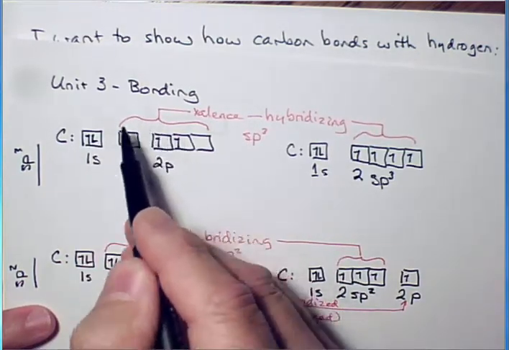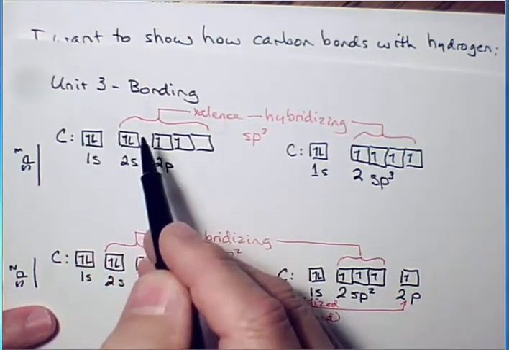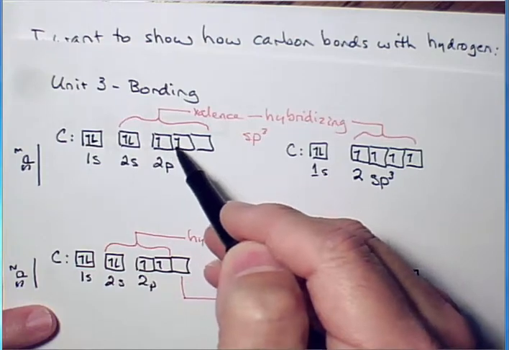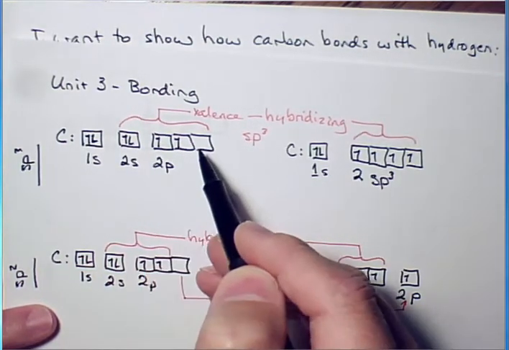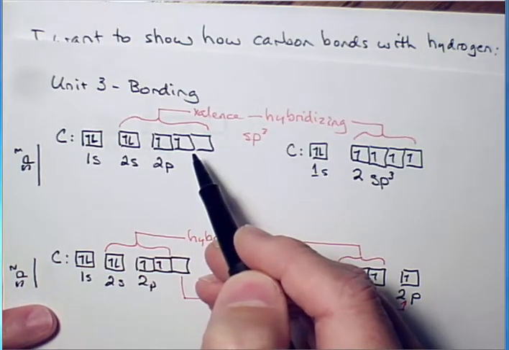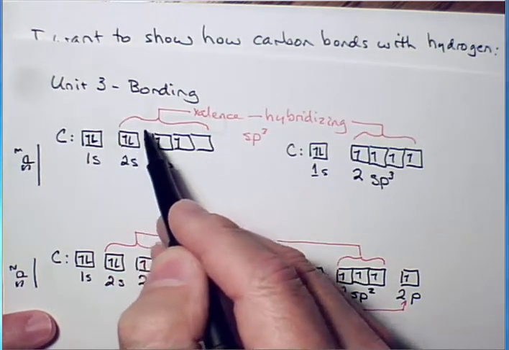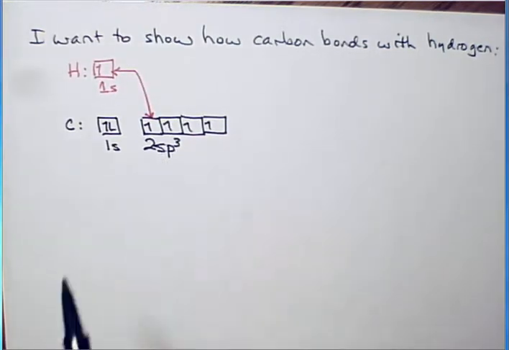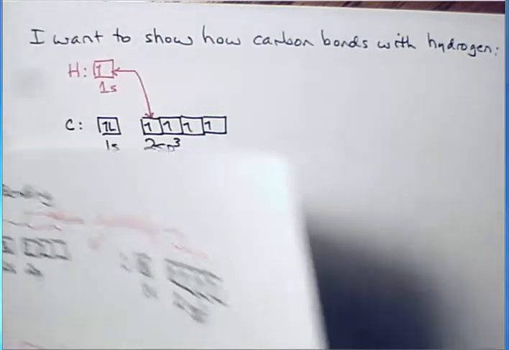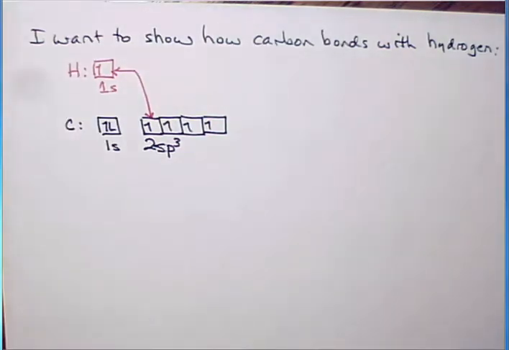Well, carbon in its original ground state orbital notation only has 2 of those electrons in the correct arrangement. In order to have 4 electrons share in an orbital, we have to arrange these electrons in a different way, and that's in fact what they do. And that's what hybridization is about, arranging the electrons so that this is possible.